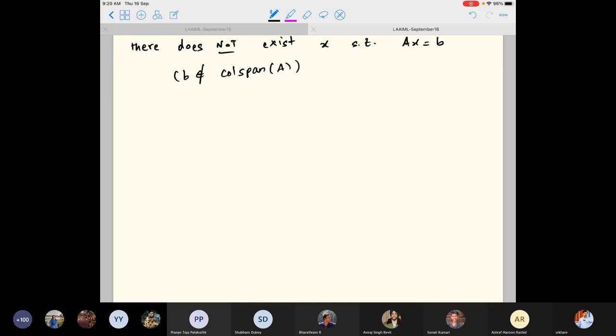Now, what does Ax really tell me? Suppose I have this matrix A and I have the columns of A written as A1, A2 up to AN. There are n columns. And the vector x is x1, x2 up to xn. So what does this Ax really mean?